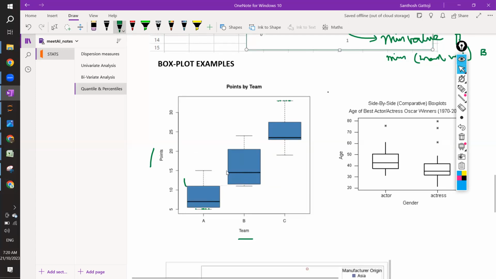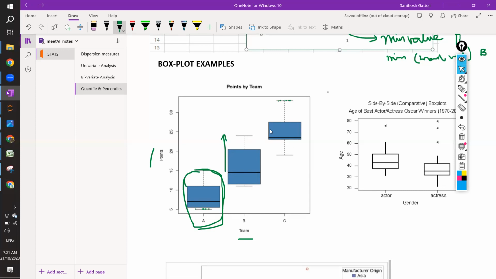That means half of the values from team B are clearly greater than the maximum value of team A. Half the people from team B have scored more than the overall maximum of A. That's why team B is clearly greater than team A.